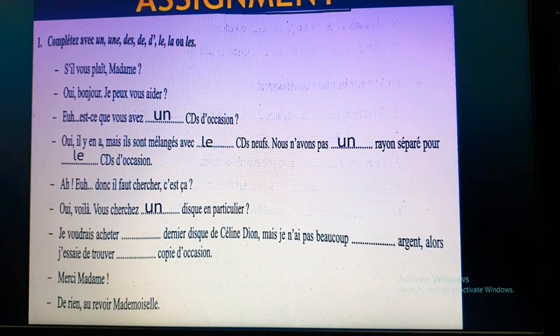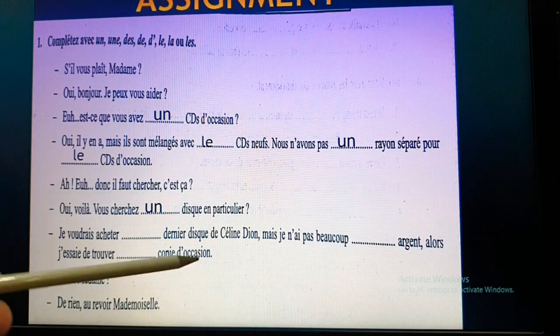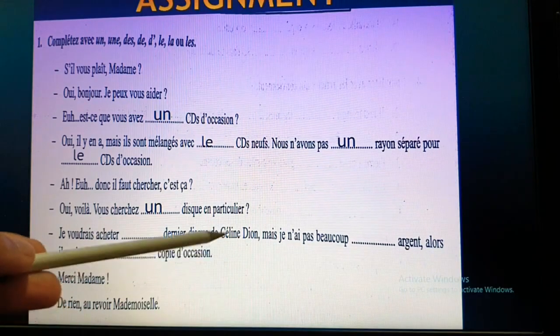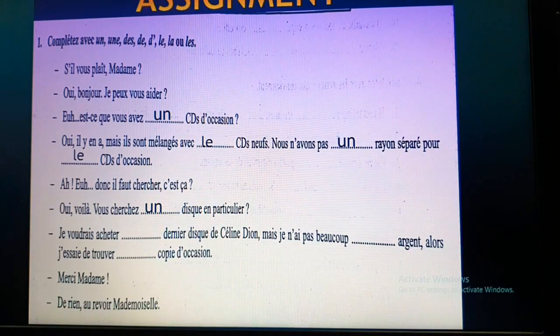Which CD does she want? She wants the CD of Céline Dion, the famous French singer. So what will be here? Very good, article défini. Why? Because she wanted the CD of Céline Dion.